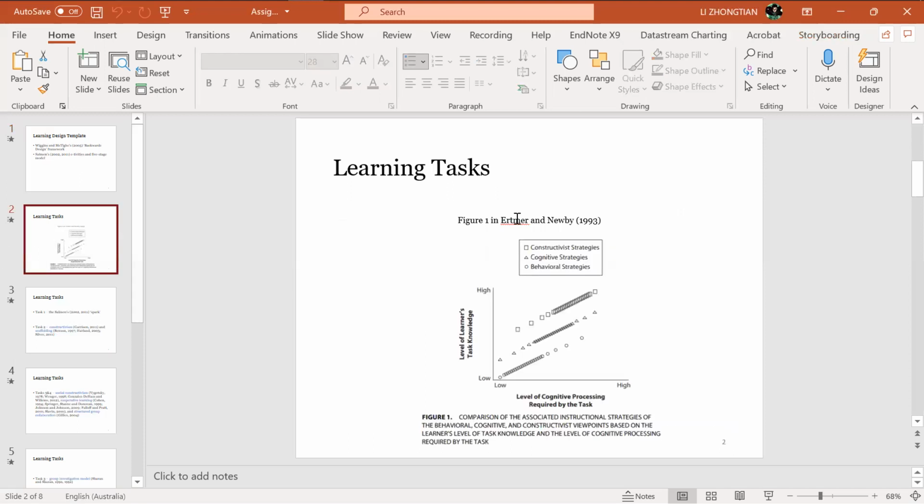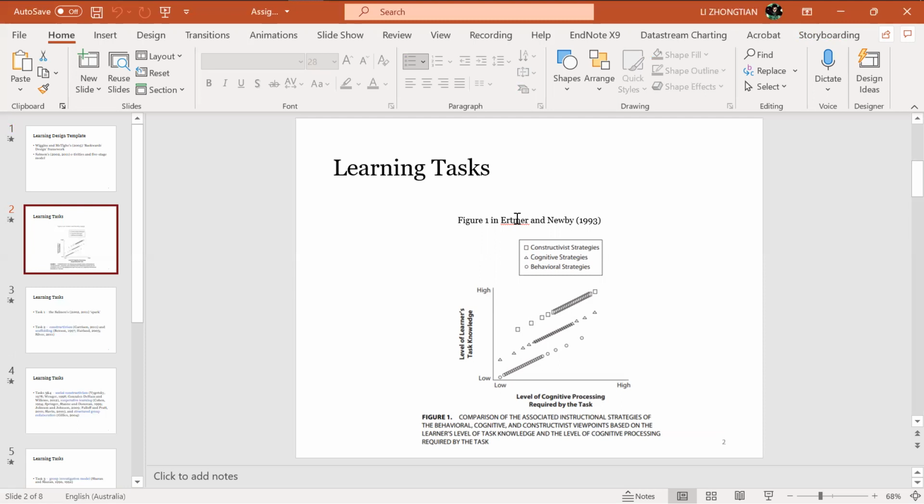As Hannafin and Newby 1993 suggest, a learning activity needs to consider the level of learners' task knowledge and the level of cognitive processing required by the unit. Because my learning activity is designed for second-year undergraduate students, it is reasonable to assume that they have a medium level of accounting knowledge. As Bisher 1994 suggests, the knowledge of accounting is functional, and the accounting discipline should focus on know-how.